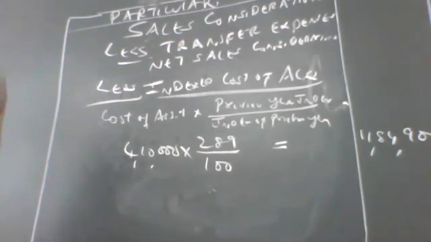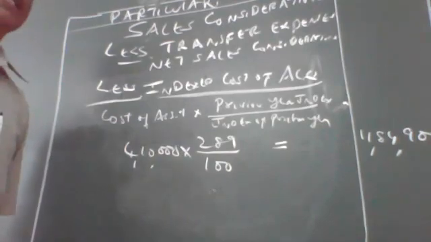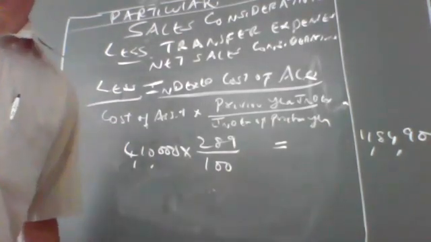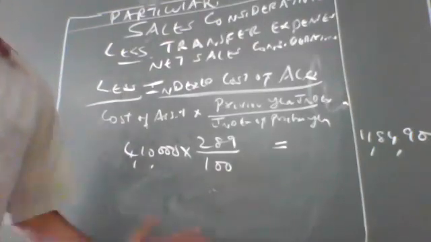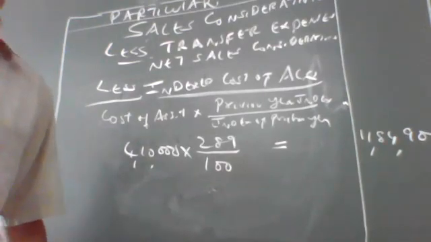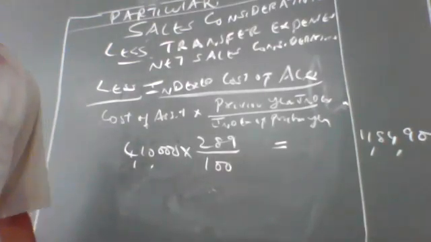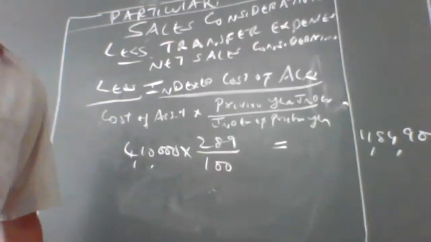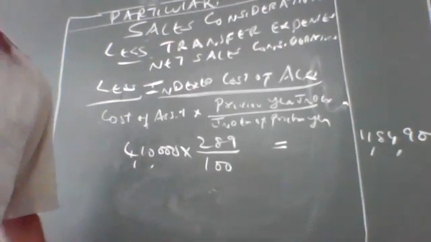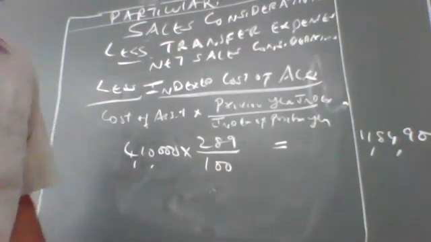Any expenses incurred on improving the asset before 2001, you should ignore.